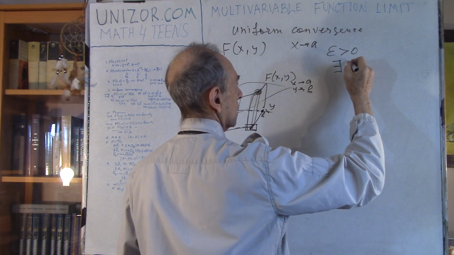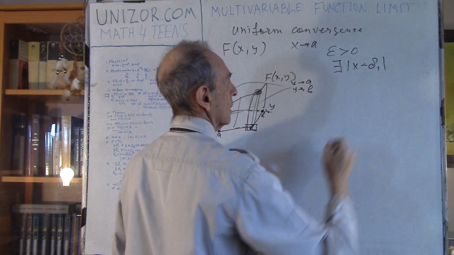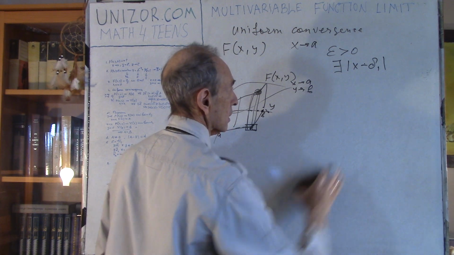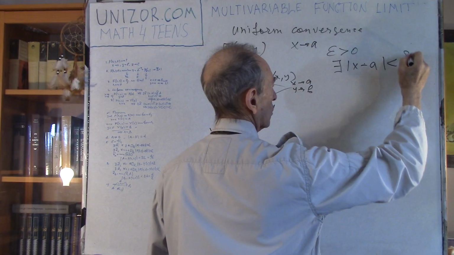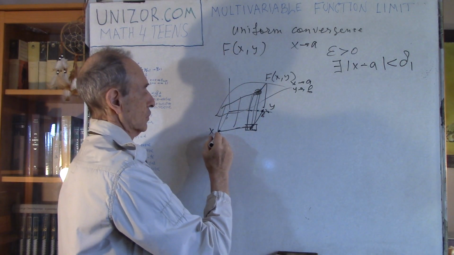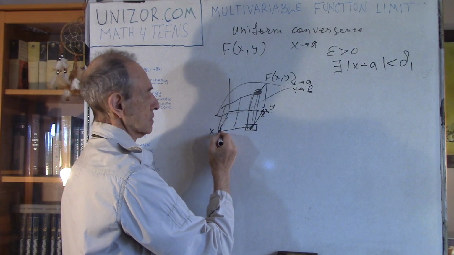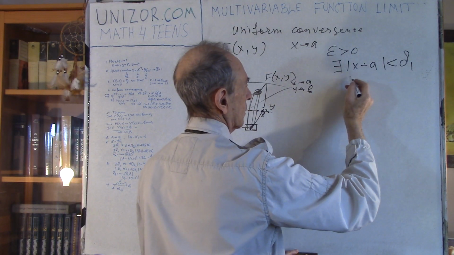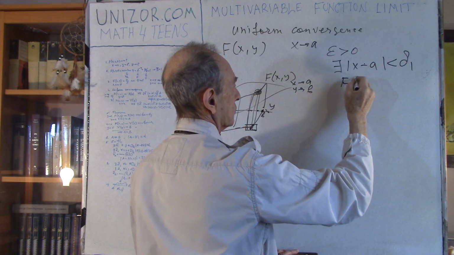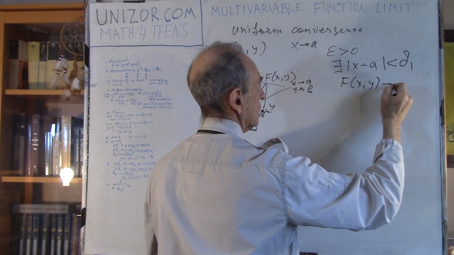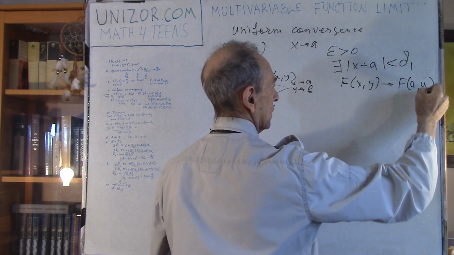So there exists such, let's say, delta 1 that if x is very close to its limit point, as x goes this way, closer and closer, the function, obviously f of x y, would be closer and closer to f of a y, right?